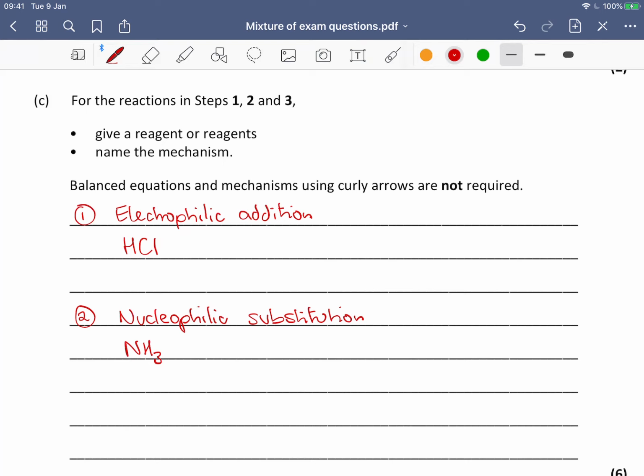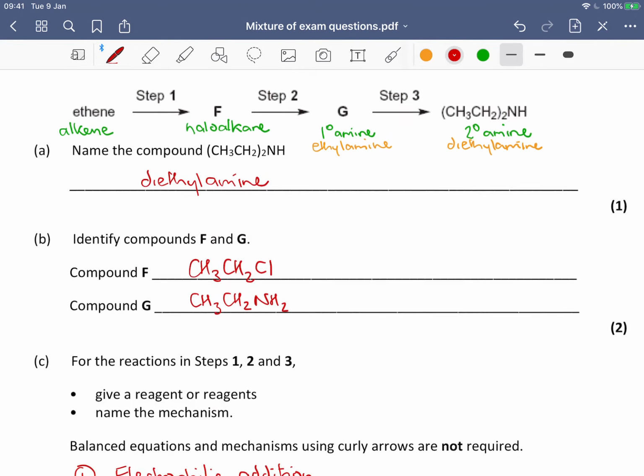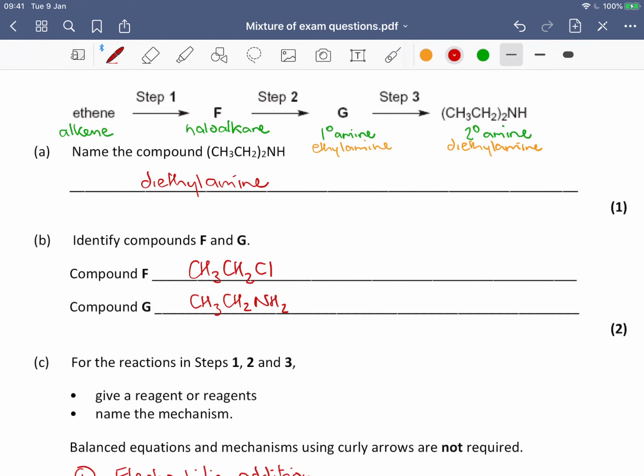And then last but not least, we're going from a primary amine to a secondary amine. So actually what's happening is step 2 is being repeated. In step 2, the nucleophile was ammonia. For step 3, the nucleophile must be G. One of the problems of making an amine using haloalkanes is that you can get further or multiple substitution.